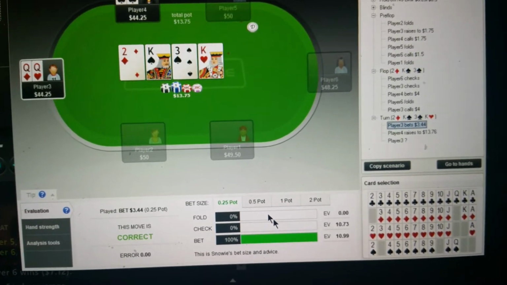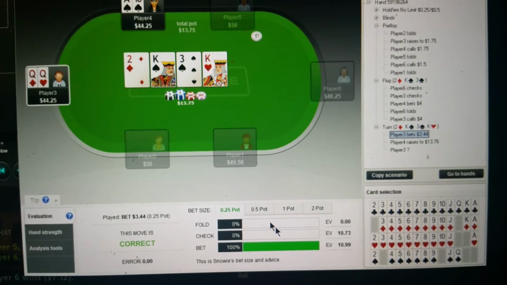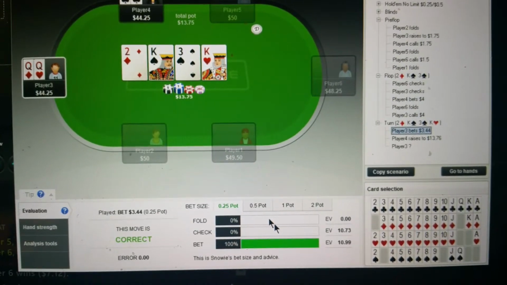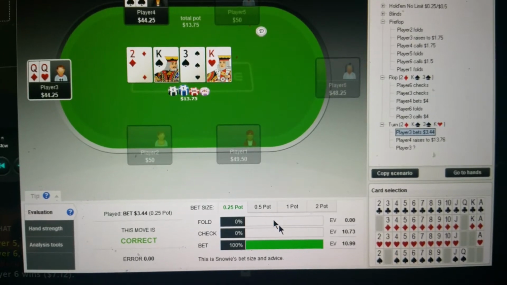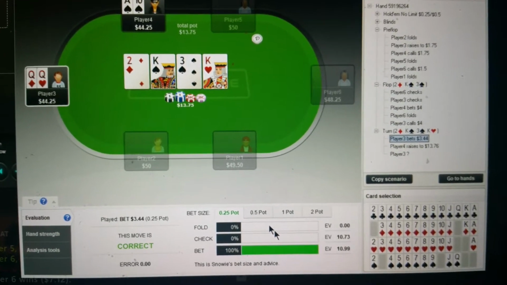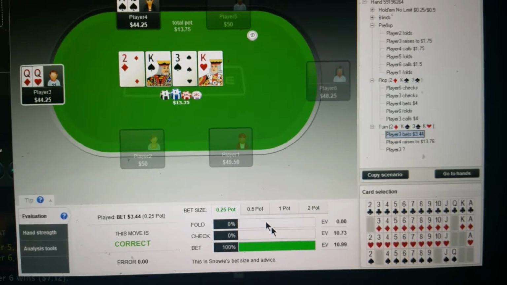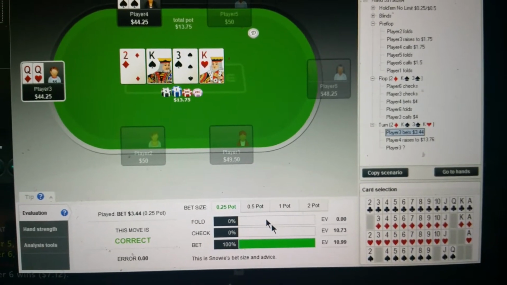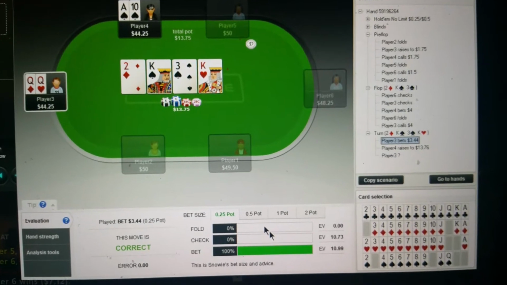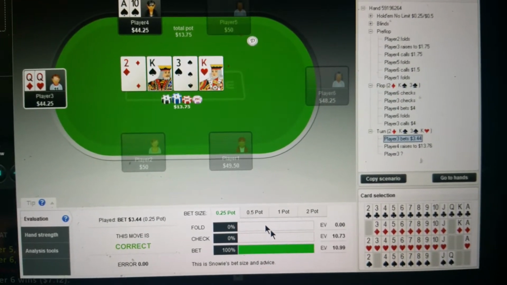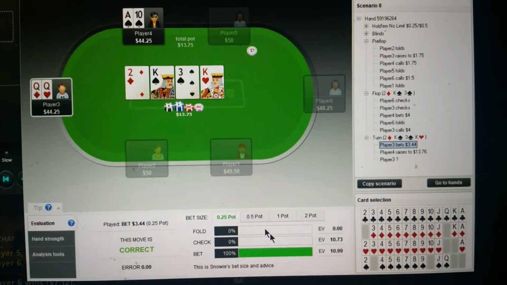But once the king comes out, now all of a sudden queen is supposed to bet quarter pot on the turn. Me as the hero on player 3 with queens. So I'm supposed to bet quarter pot, even though on the flop I was supposed to fold to the 0.7 pot bet. But I guess it has to do with the different run out maybe?